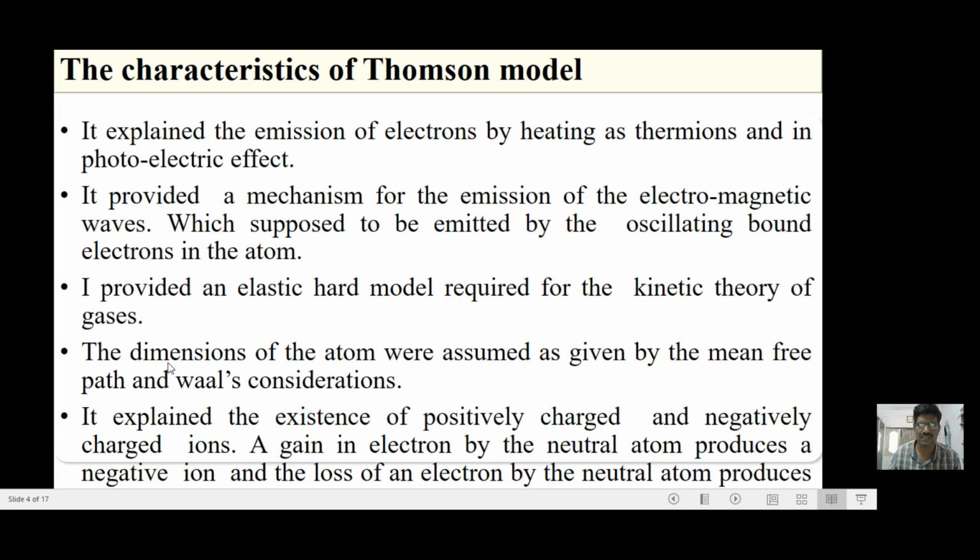The dimensions of the atom were assumed as given by the mean free path and van der Waals considerations. It explained the existence of positively and negatively charged ions. A gain of an electron by a neutral atom produces a negative ion, and the loss of an electron by the neutral atom produces a positive ion.